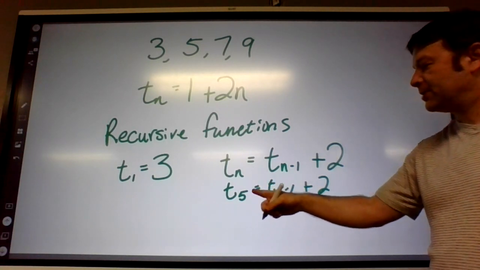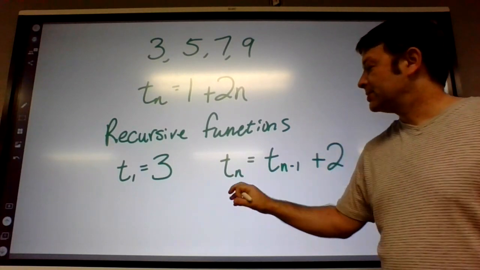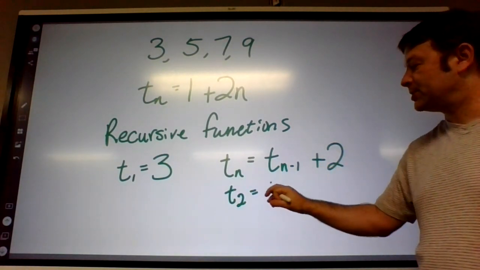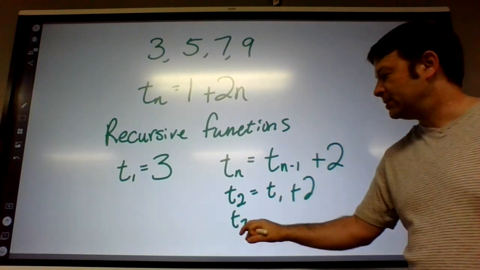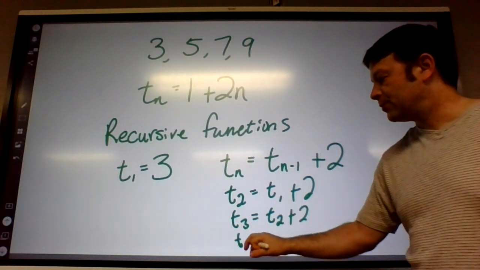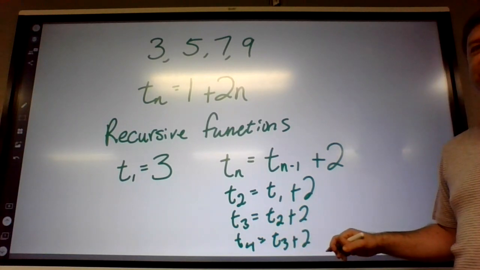Or if you want the sixth term, you're going to use the fifth term plus 2. Does that make sense? So t sub 2, for example, would equal t sub 2 minus 1, which is t sub 1, plus 2. t sub 3 would equal t sub 2 plus 2. t sub 4 would equal t sub 3 plus 2. You guys get it? Yeah.